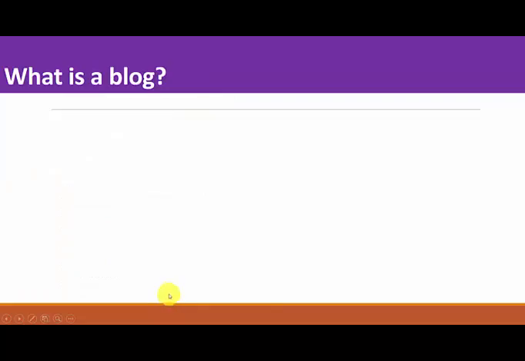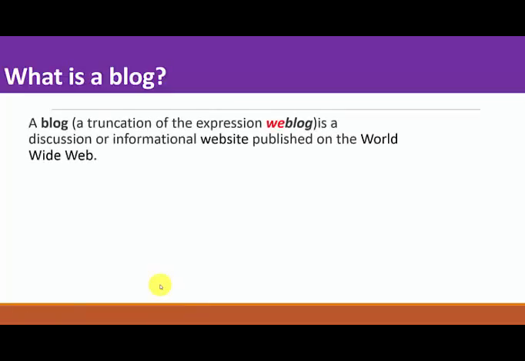So we've done website. Let's go on to blog. The blog is a truncation of the word web log. You know, when you have a logbook, you're writing down some information, keeping some kind of diary, or some information you are releasing to the public. So it's a web log. The "we" is out of it, so it's called blog.